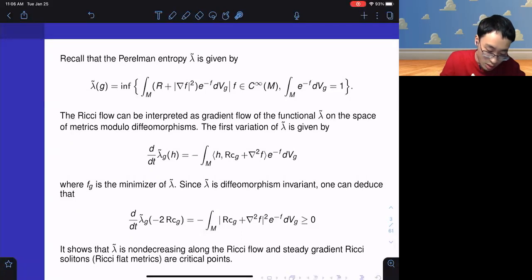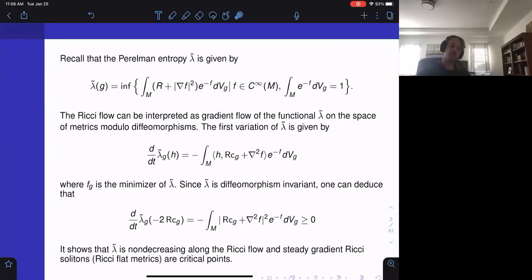The first variation of lambda tilde is given by the inner product of h with Ricci plus Hessian of f. Here we should note, sorry, this should be f_g. The minimizer f of lambda tilde is always achieved and it is unique.